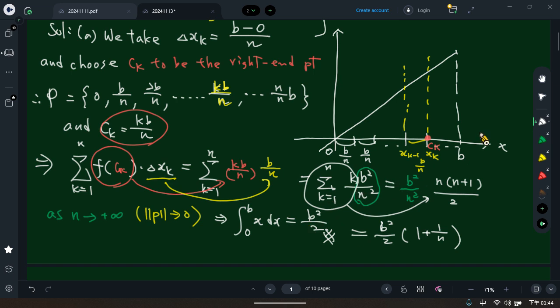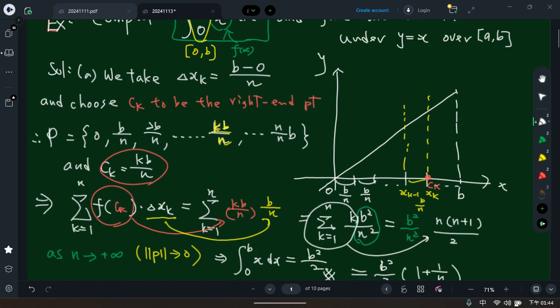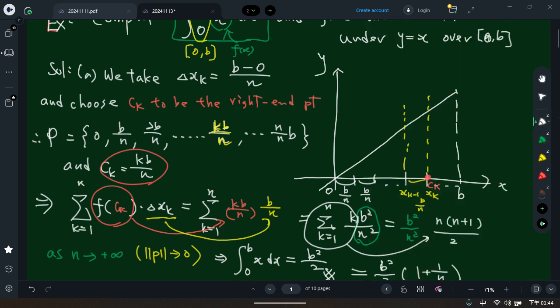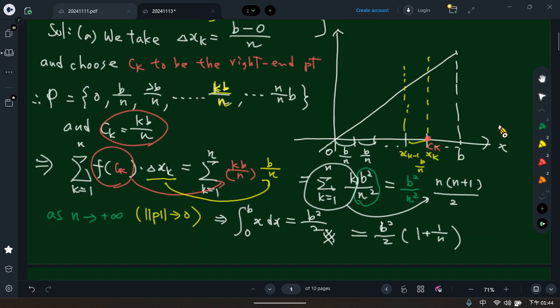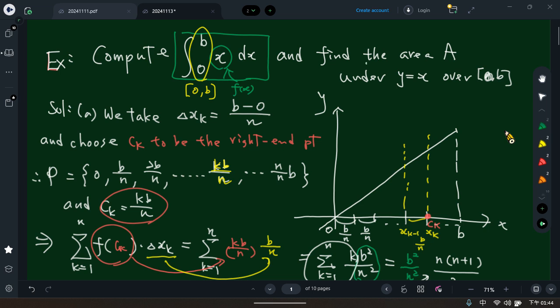And we also can verify that, find the area under y equal to x from a to b. Oh, sorry, here should be 0 to b. For 0 to b, I believe that will not be a big problem, because calculating the area under y equal to x from 0 to b is not that hard for you.